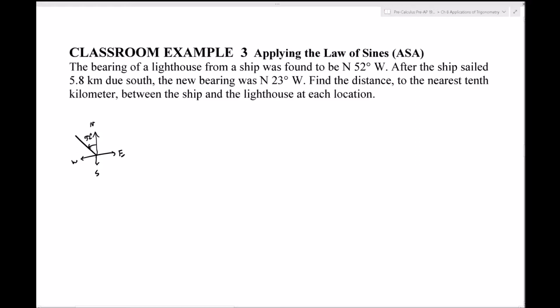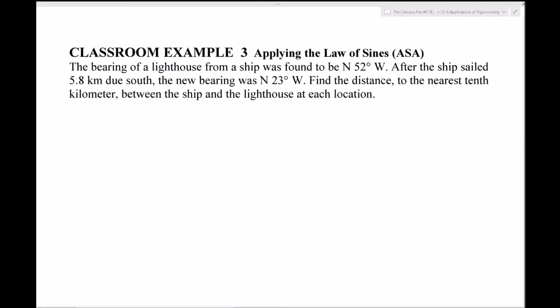After the ship sailed 5.8 kilometers due south, the new bearing is going to be north 23 degrees west. Find the distance to the nearest tenth of a kilometer between the ship and the lighthouse at each location.